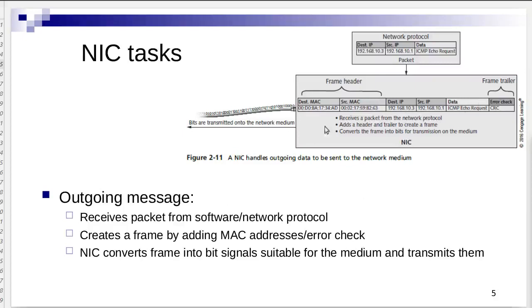Okay, so you get a packet. Once again, you get a packet from the higher layers, they're called software layer. It goes down to the NIC. The software in the NIC creates a frame with destination MAC address that you're going to send to, and the source, that is your own MAC address, and then the information from the packet, and computes the cyclic redundancy code or frame check sequence, puts it all into one frame and sends it out.